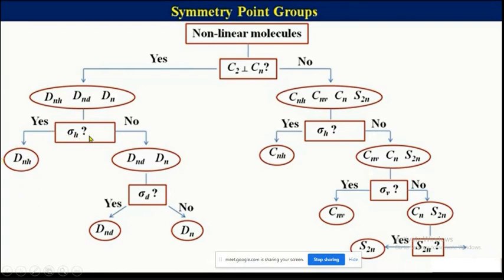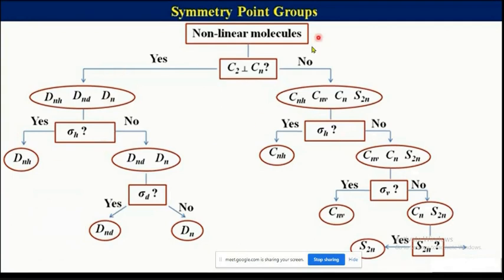If no sigma h, then the probability of the point group will be Dnd and Dn. If sigma d is present, then the point group will be Dnd. And if no sigma d is present, then the point group will be Dn. So the left hand side, if you see, all belongs to the D point groups. This one I'm talking about.